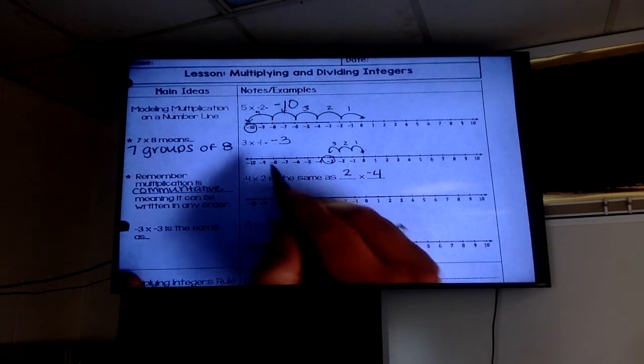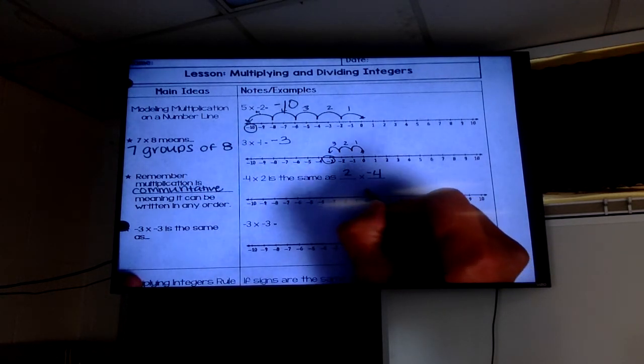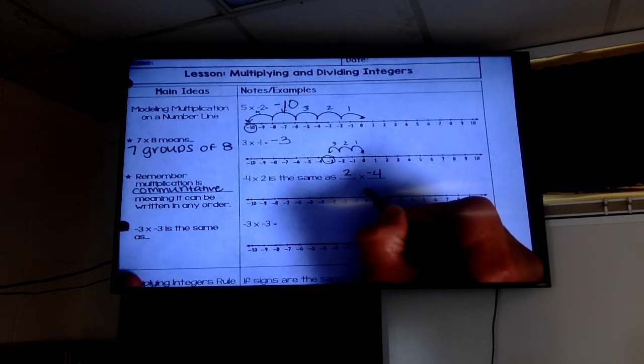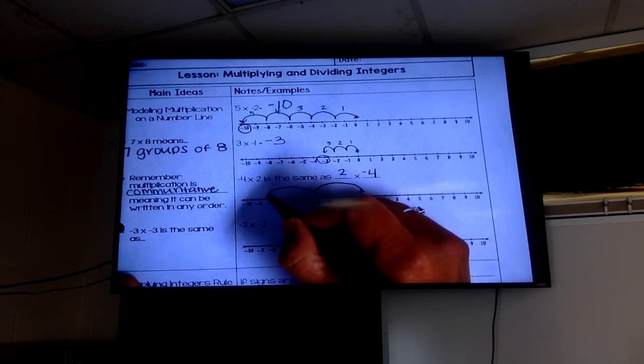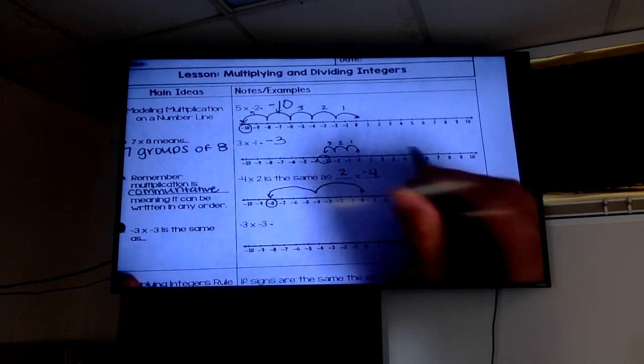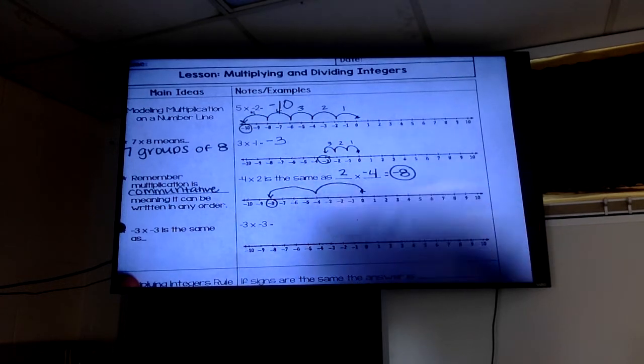So I just reverse the order. This is saying 2 groups of negative 4. Starting at 0, here's 1 group of negative 4, here's 2 groups of negative 4. I land on negative 8. So negative 4 times 2, or 2 times negative 4, gives me negative 8.